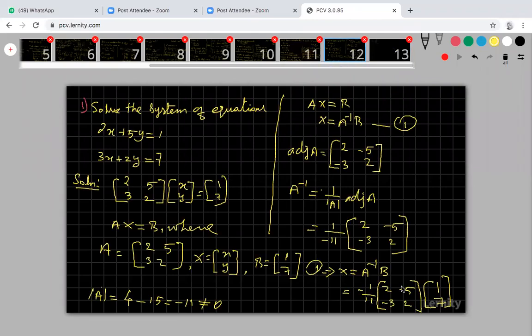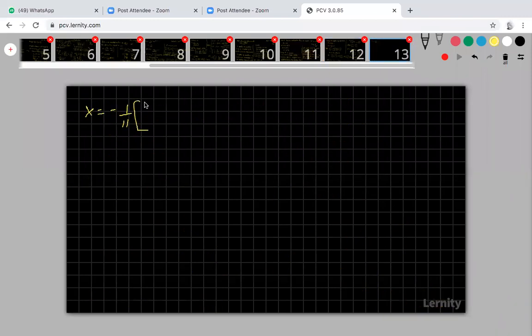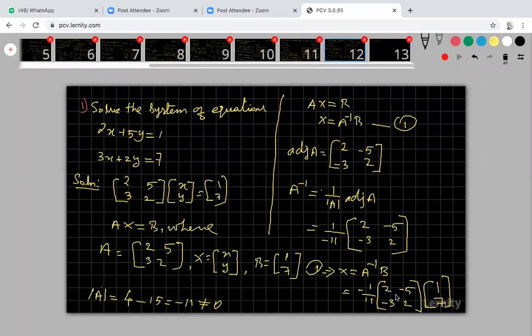So this is 1 into 2, 2. This is minus 5 into 7, so therefore this is minus 35. This is plus 2. So the answer is 2 minus 35.